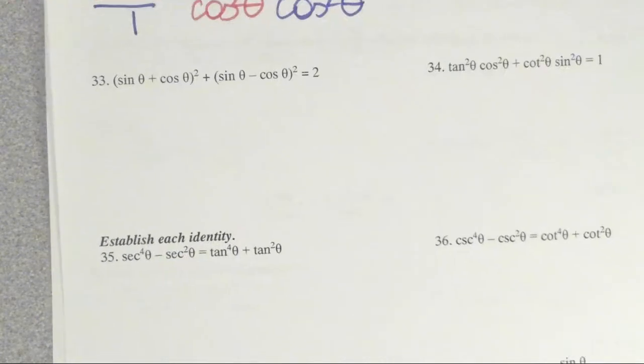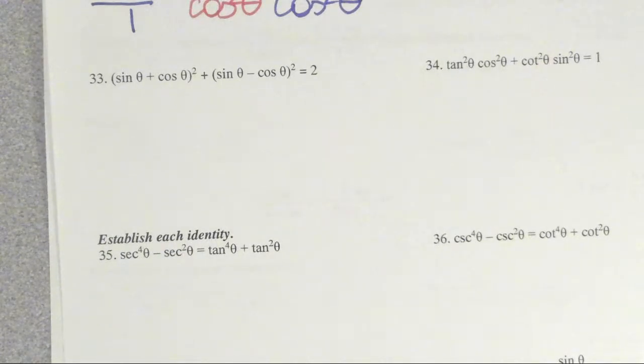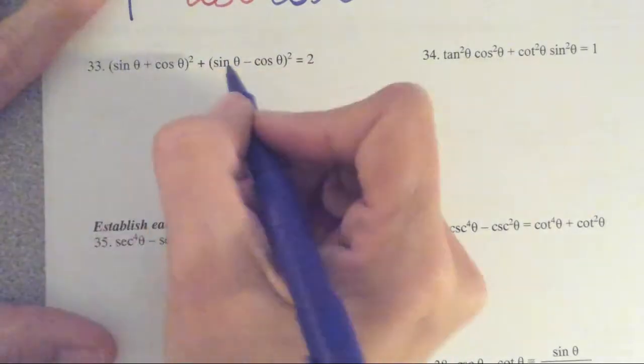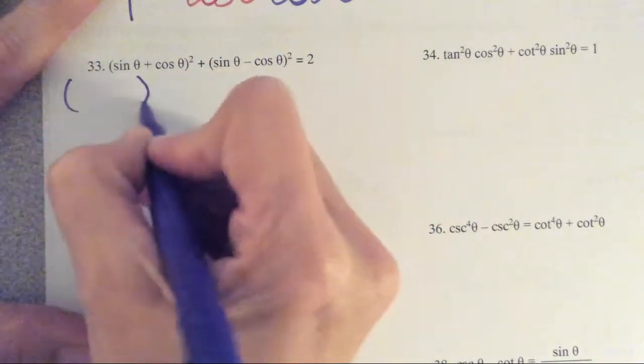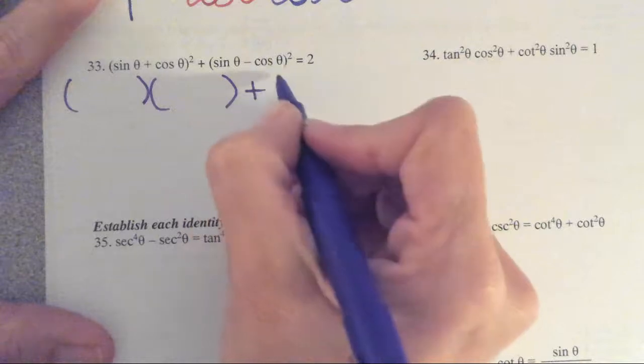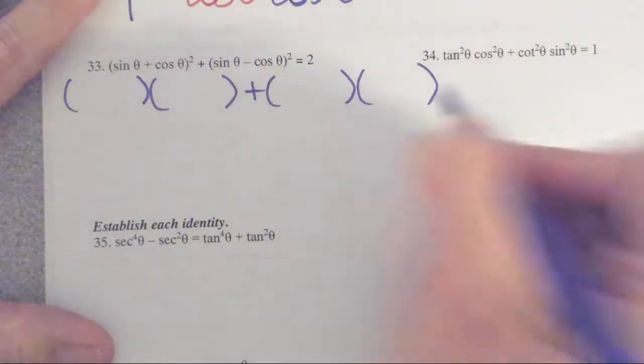All right, the last one, number 33. They give me sine plus cosine, squared, plus sine minus cosine, squared. What you have to remember is how to square something. When you square something, what you're really doing is you're foiling.